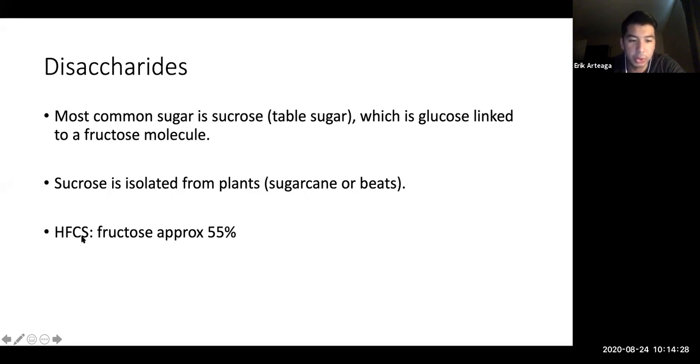High fructose corn syrup is approximately 55% fructose. Fructose, again, is much sweeter than glucose, okay? Fructose is that plant sugar that we typically think of. It tastes much sweeter, hence why with high fructose corn syrup, you put it in anything, it sweetens it up right away.